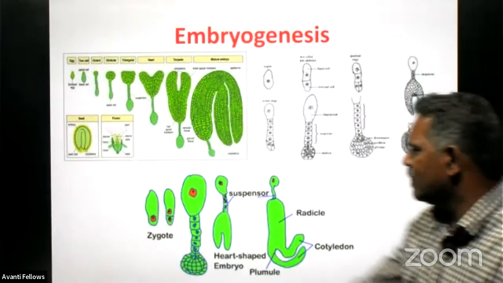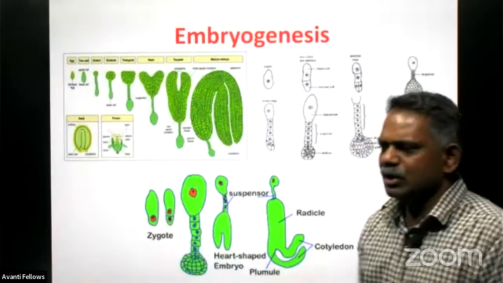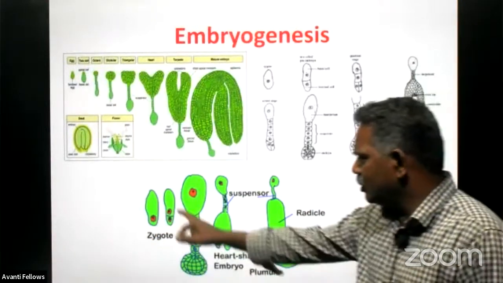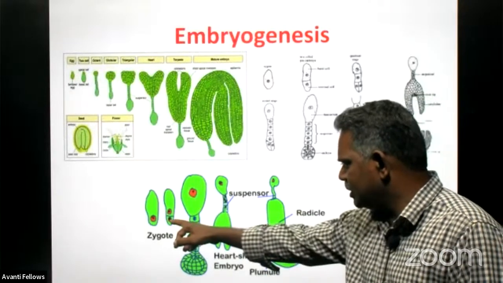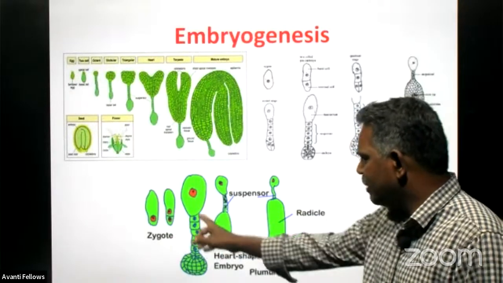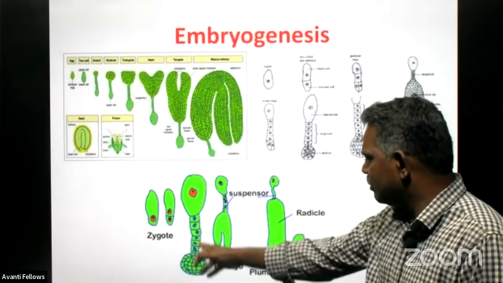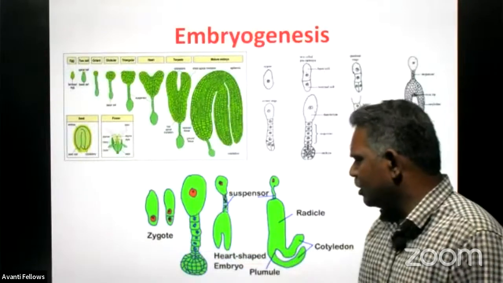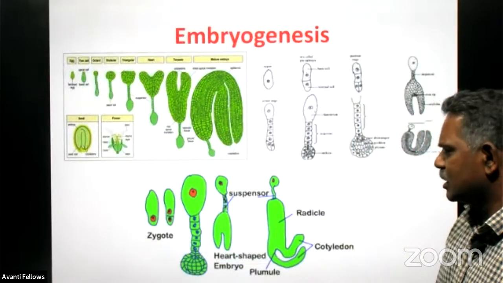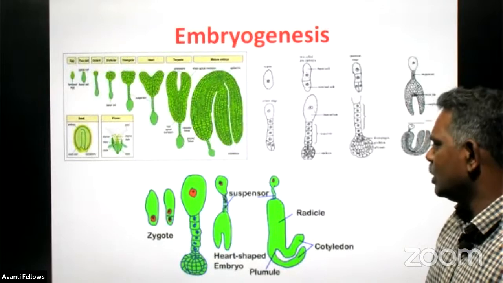Right, the same thing: the zygote divides initially into two and produces two uneven cells, and it goes for the next division. This cell later divides and produces the suspensor, many cells one after another. The cells are arranged as a round, globe-shaped embryo, which we call the globular embryo.